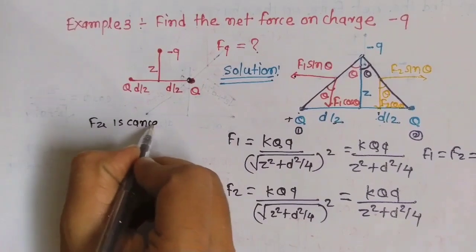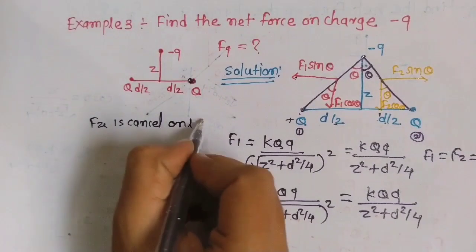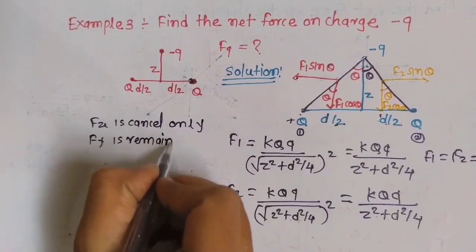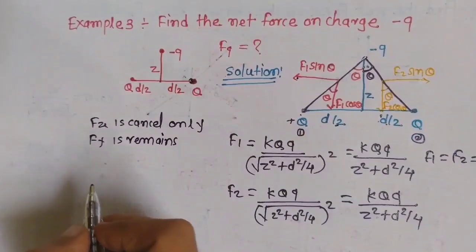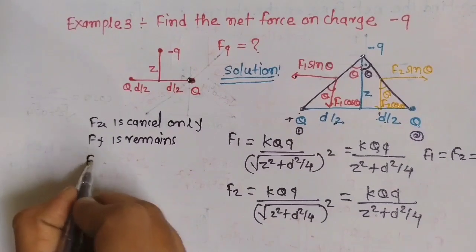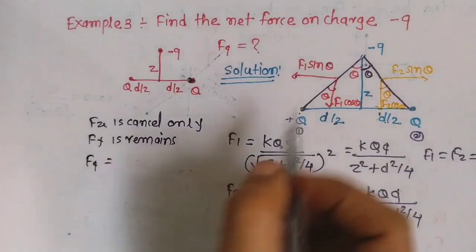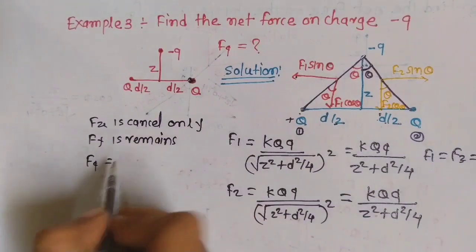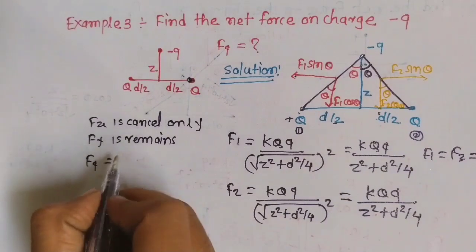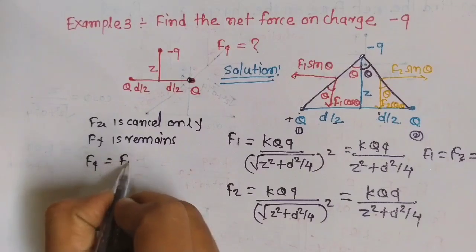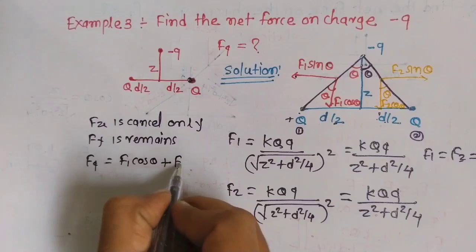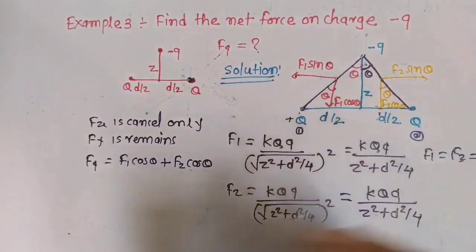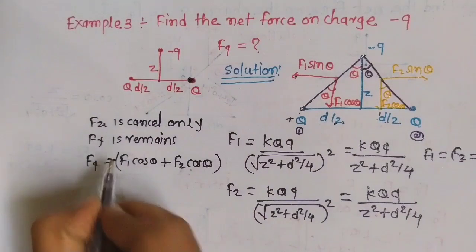The Fx cancels, so only Fy remains, and the cos component is in a downward direction, therefore it has a negative sign. Fq is equal to F1 cos theta plus F2 cos theta, and they are both in a downward direction, so they have a negative sign.